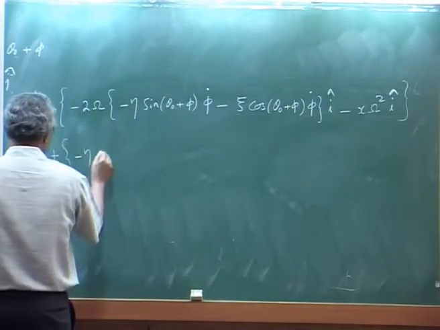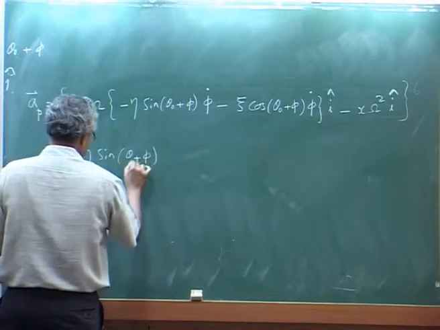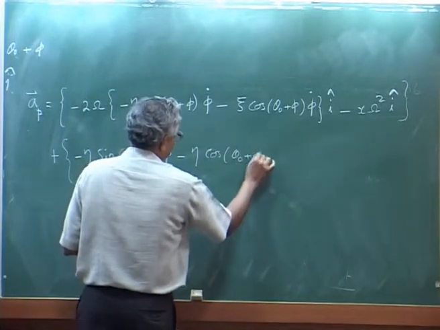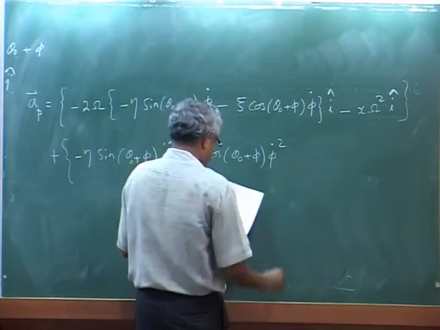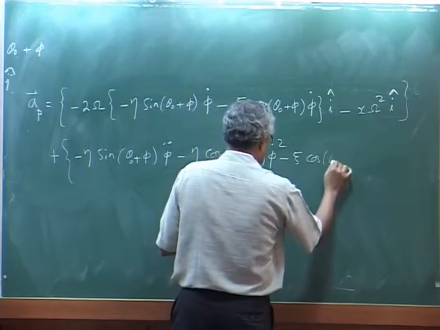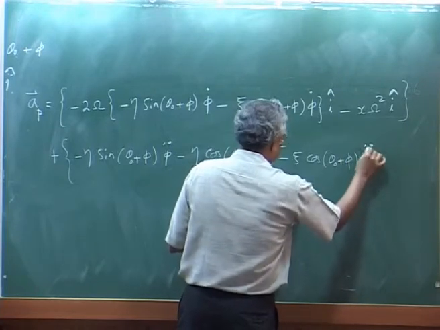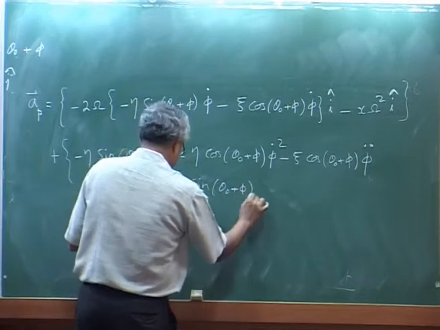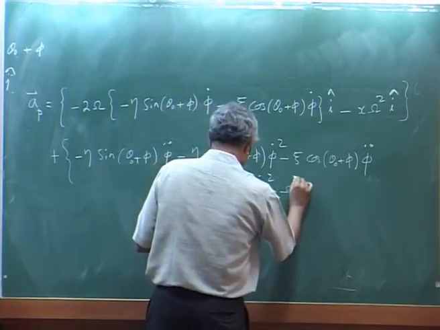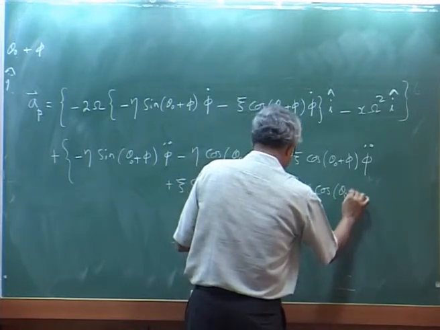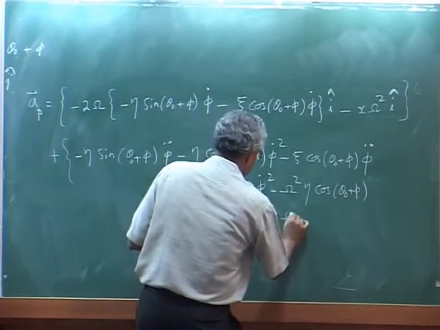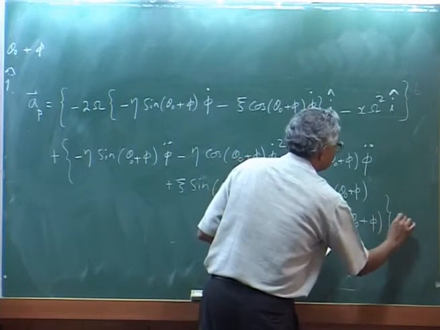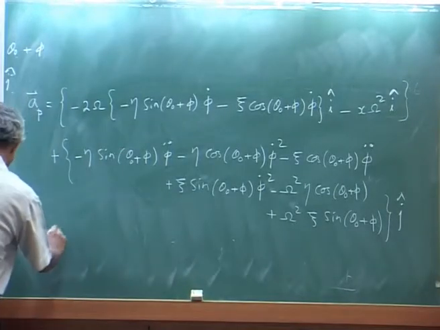Okay, minus eta sine theta naught plus phi, phi double dot, minus eta cosine theta naught plus phi, phi dot square, minus xi cosine theta naught plus phi, phi double dot, then plus xi sine theta naught plus phi, phi dot square, then minus omega square eta cosine theta naught plus phi plus omega square xi sine theta naught plus phi. This entire term is j.